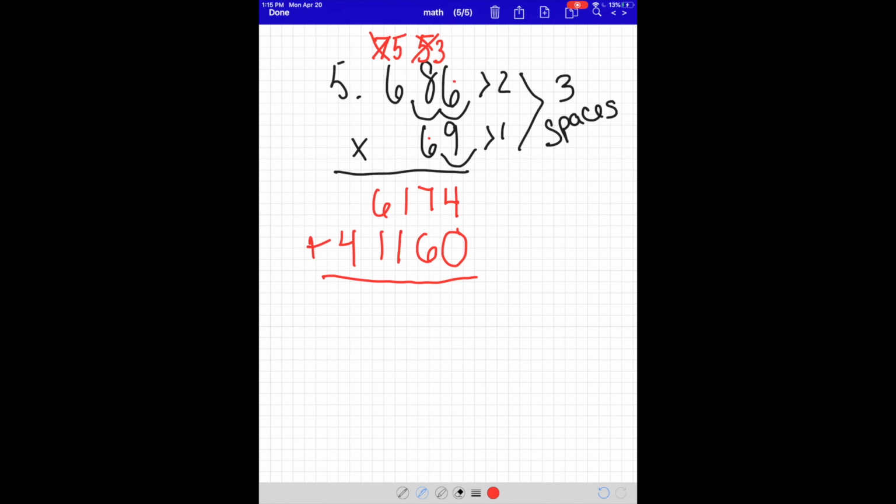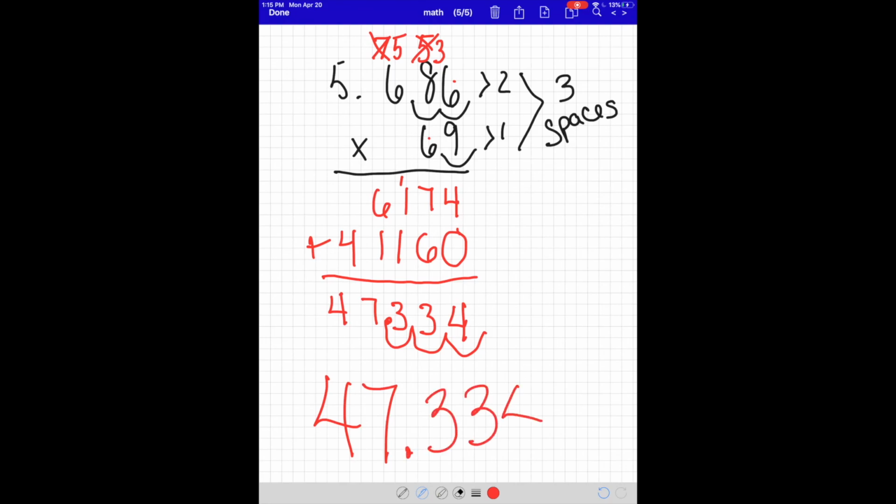Then we're going to add them together. 4 plus 0 is 4. 7 plus 6 is 13. 1 plus 1 plus 1 is 3. 6 plus 1 is 7. And 4 plus nothing is 4. Move in 3 spots. Your final answer should be 47.334.